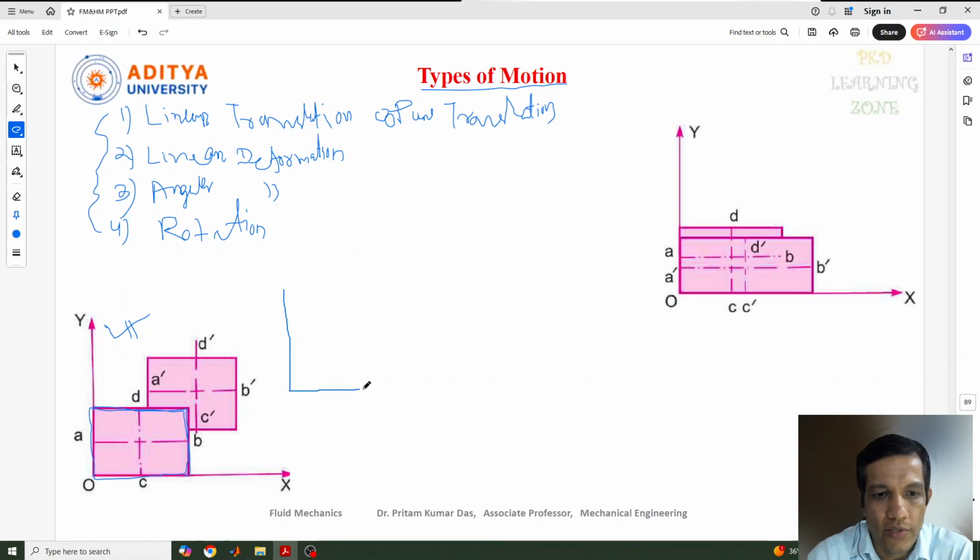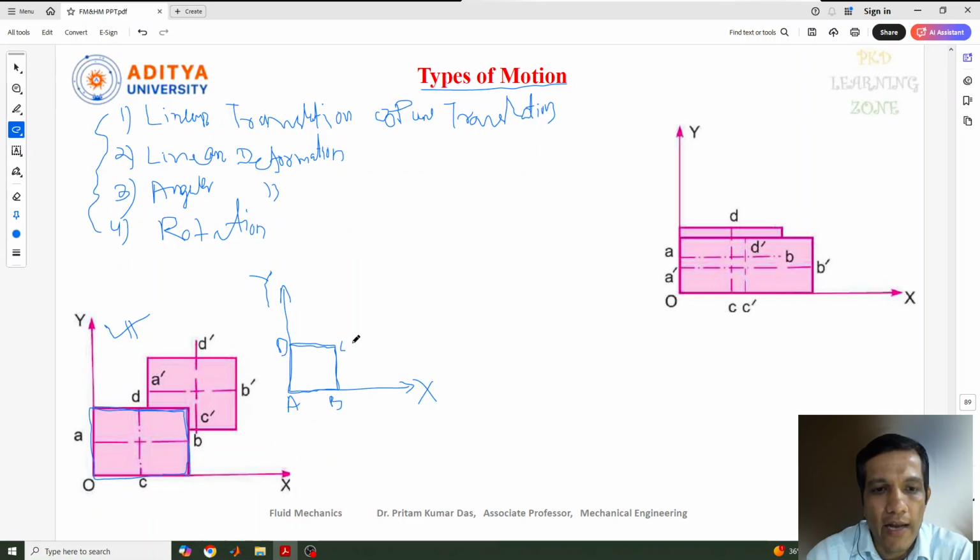Suppose this is the diagram, and this is the x-axis, and this is the y-axis. The same thing, I will just draw it in a different way. First, this is the position of the fluid particle present here, and we can mark it with points A, B, C, D.